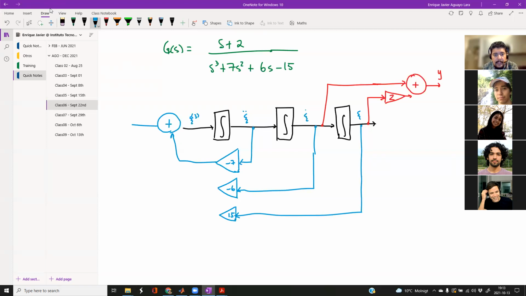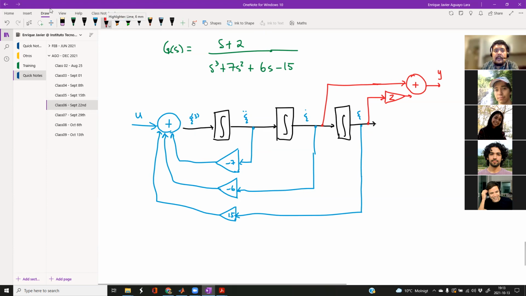Then we have an addition point in here where the input comes in. And this was the way we could build this plant using operational amplifiers, okay? But what if we use a specific set of state variables that we can select properly, okay?